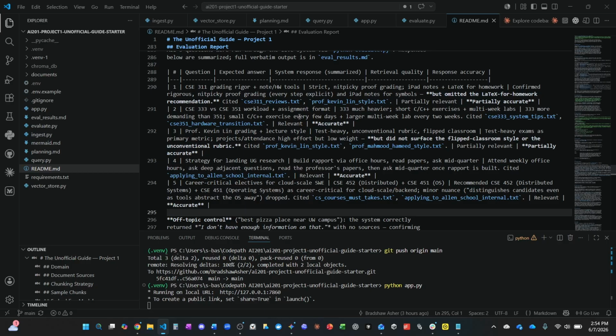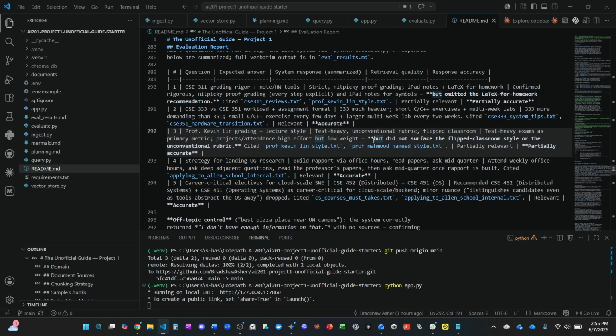Two of them were partially accurate, number 1 and number 3, including the CS311 LaTeX case I just showed, which was missed from the RAG answer.